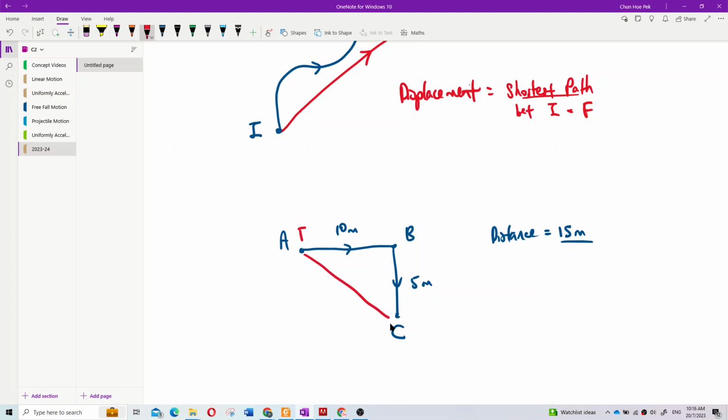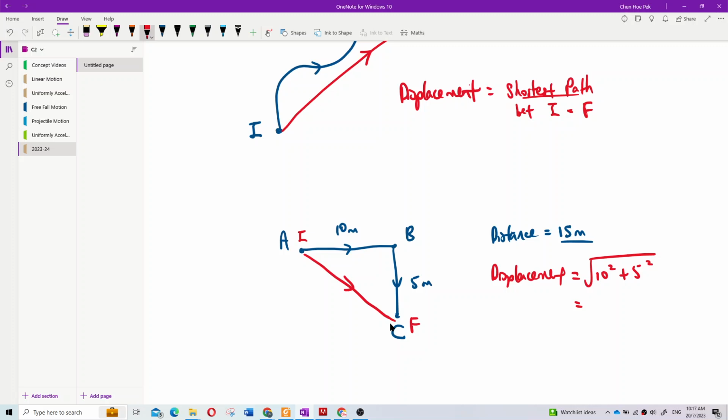We just take the initial point and final point. So between the initial and final point, I need to use Pythagoras theorem. So displacement is the square root of 10 squared plus 5 squared. So what's the answer, class? I don't have a calculator, or I have my handphone with me. 11.18. Sorry?